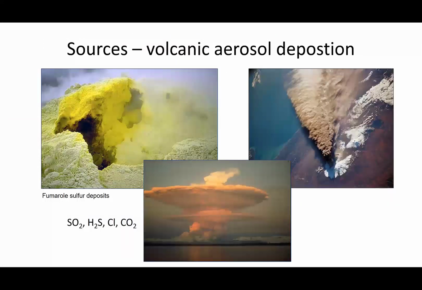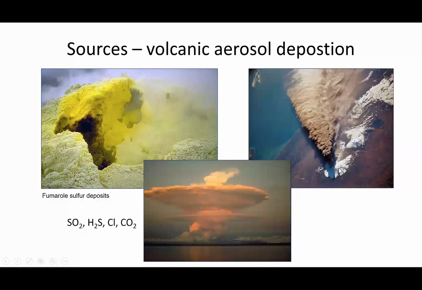Volcanic eruptions and aerosols are another significant source, particularly over the history of geological time. So volcanoes release gases which have dissolved components in them, and a lot of these gases go into the atmosphere and then precipitate those components into the ocean. And here we have a very big eruption of a volcano.